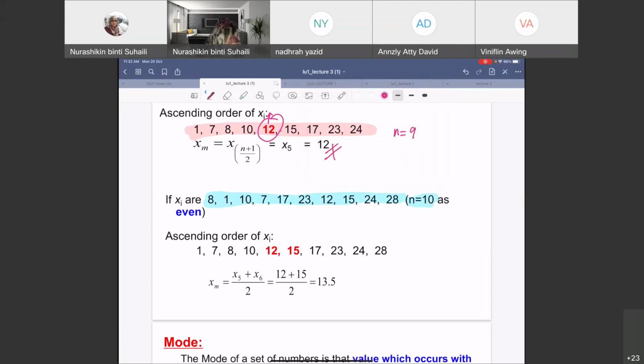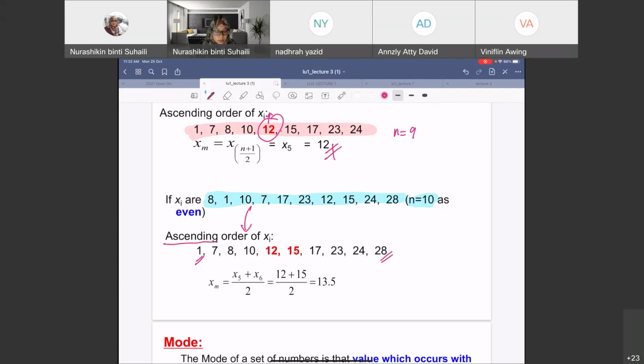This one is not arranged yet. So you have to arrange it first. As I said just now, the first thing that you have to do when you want to find the median value is arrange your data in ascending order, from the lowest to the highest. Okay, don't forget that. Otherwise, you cannot find the median value.